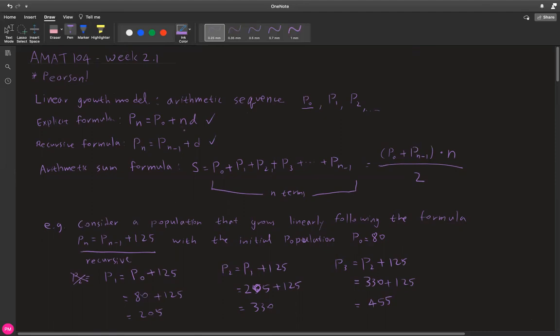We are already given the initial population as 80, but how do you find the common difference? That's the only thing that we need to know now. The common difference D is actually given right here as 125 because the recursive formula is defined as that.